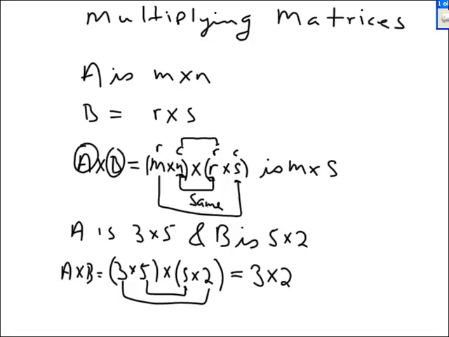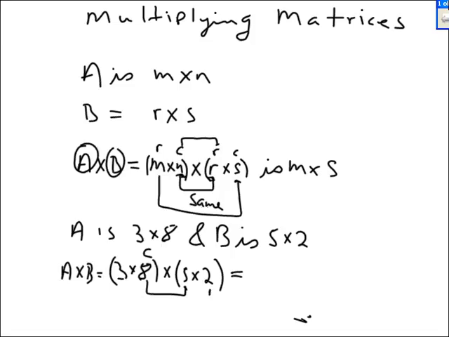If it turned out that A was a 3 by 8, you can't multiply A times B. The reason you can't multiply them is they're not the appropriate size. They're not allowed to be multiplied. Why?